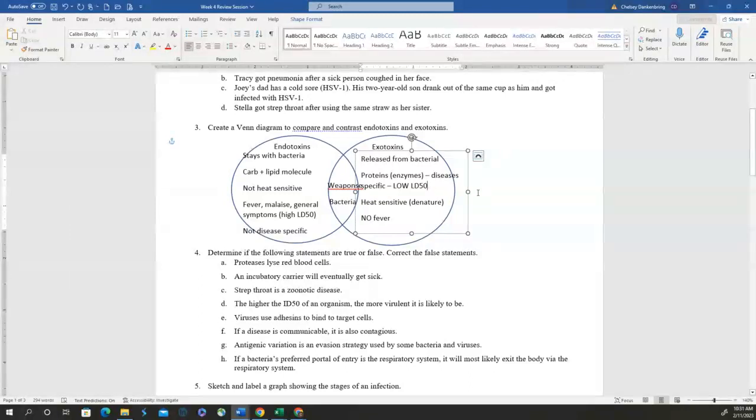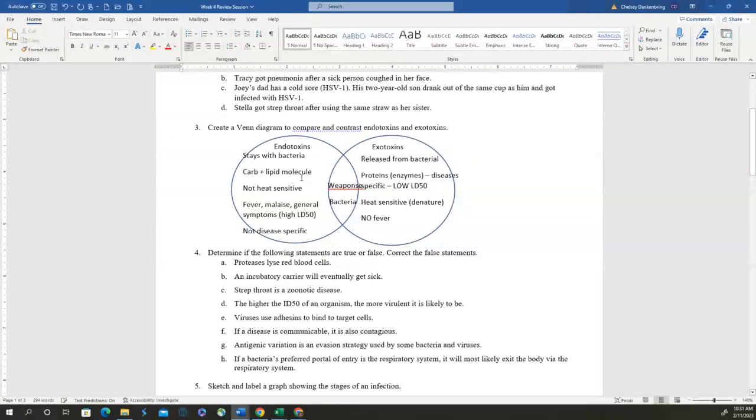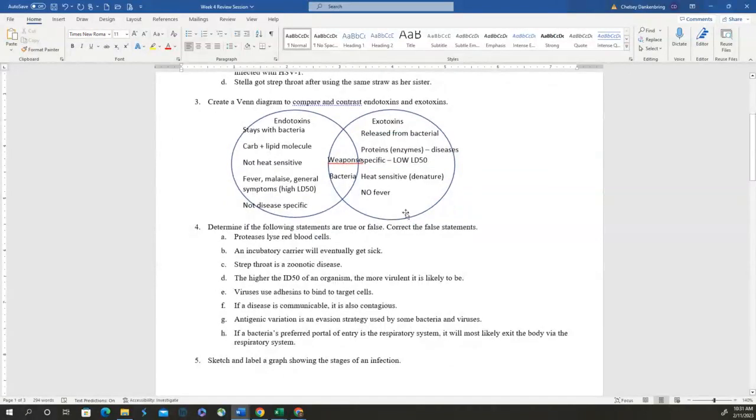Anthrax also has a pretty low LD50. So again, they're very potent, they're very dangerous because they're causing our brain not to do what it's supposed to, or our digestive system to go cuckoo birds. So you'll definitely make sure you know the differences between endotoxins and exotoxins.